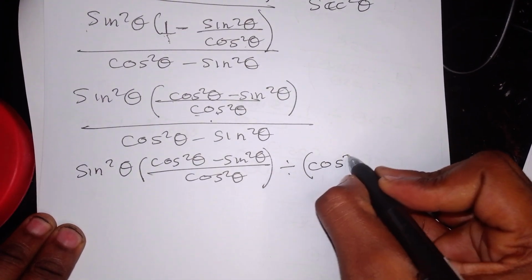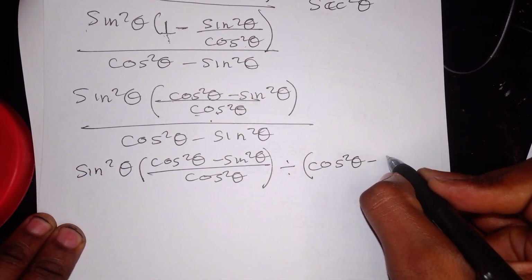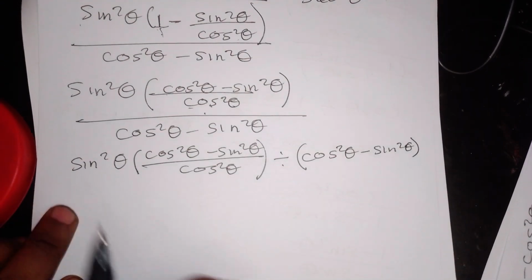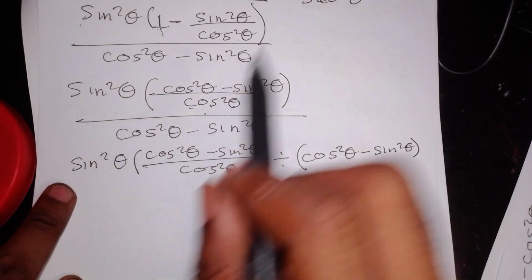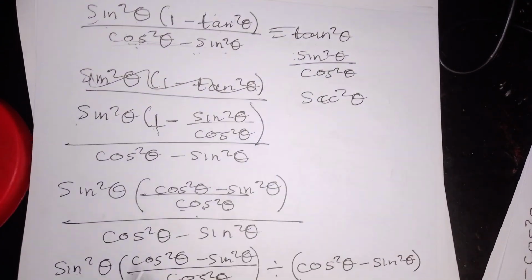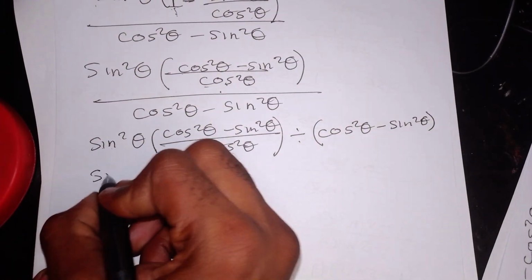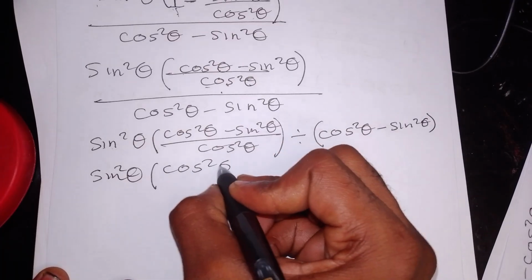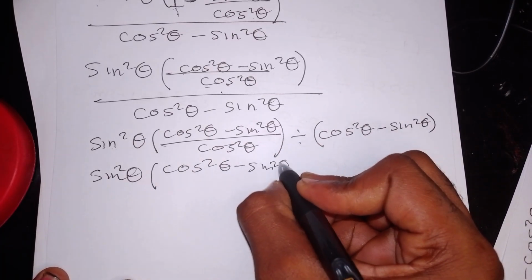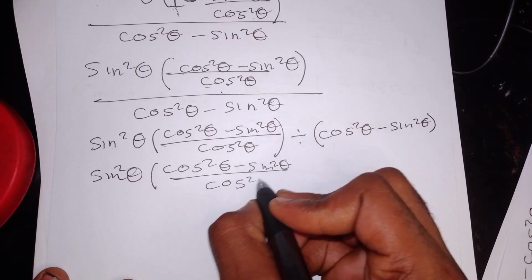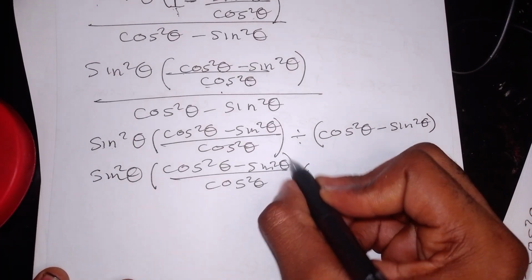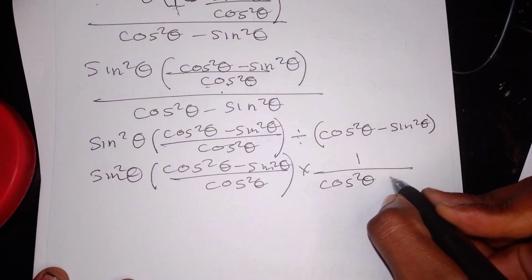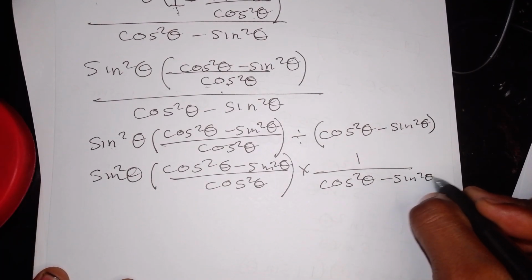So this is cos squared theta minus sine squared theta. I'm not going to expand here because I want my sine to be in the numerator like that. So what I'll do is I'll just change this to multiplication so that I have 1 over cos squared theta minus sine squared theta.